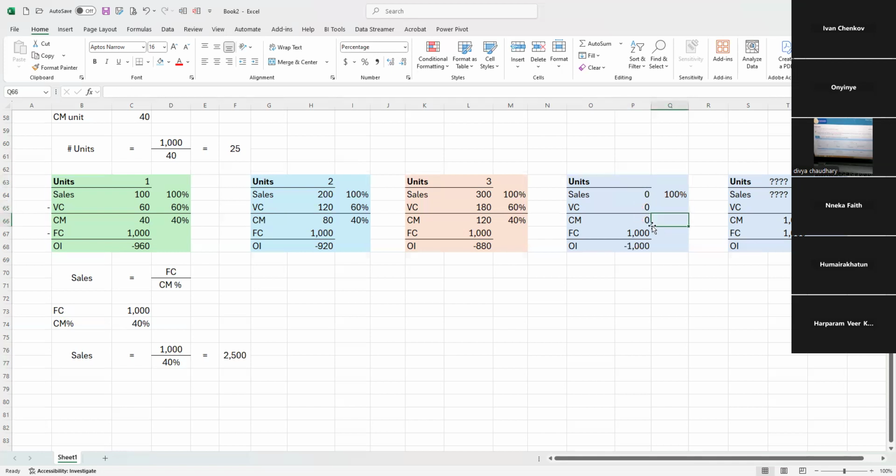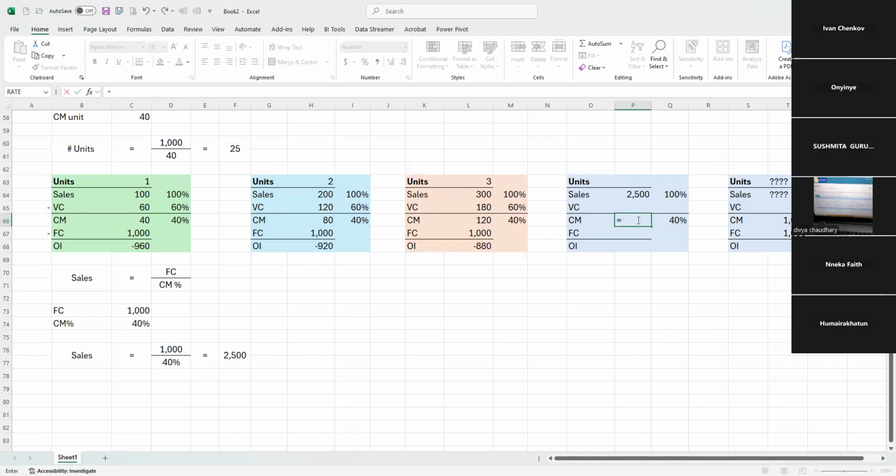So how can I interpret this? Watch this. If my sales are 2,500, and I already know that my contribution margin is 40%, how much will my contribution margin be? For every dollar I'm getting 40 cents in my pocket, so how much of those 2,500 converts into contribution margin? 1,000.